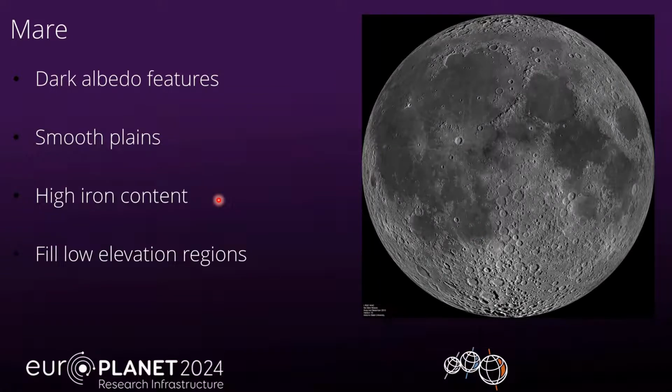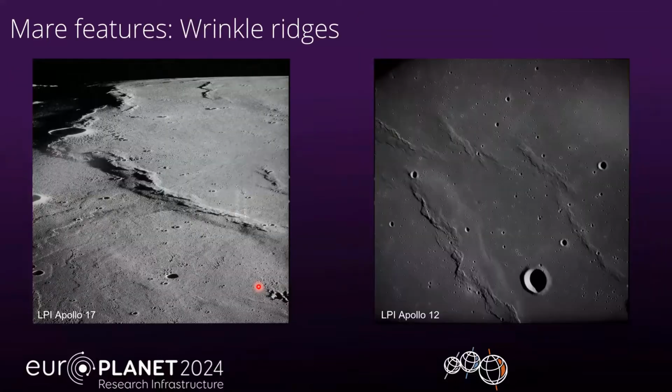Mare basalts are somewhat featureless because they're flat and smooth, but there are still interesting things that have happened to them. One of the major landforms that forms on mare are wrinkle ridges. Here are two examples, here in oblique view, and here looking down.